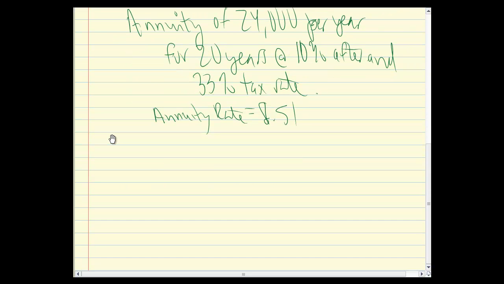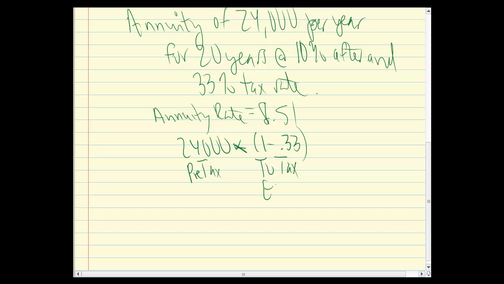So you multiply it by the annual after-tax cost. Okay, so how do you do that? 24,000 times 1 minus 0.33. Yep. And that's equal to 16,080. So what was 24 times 1 minus 0.33? 16,080.